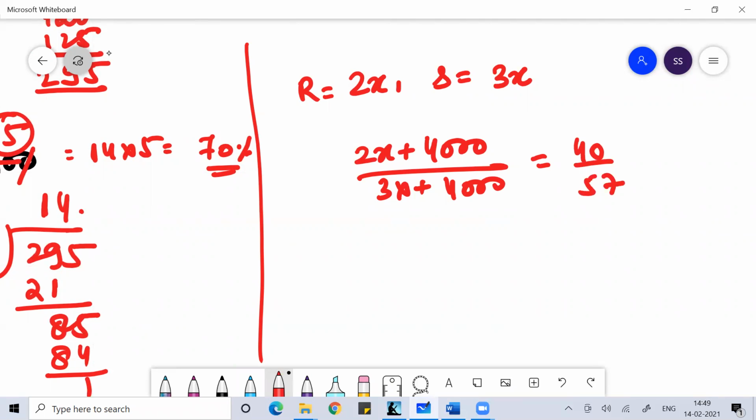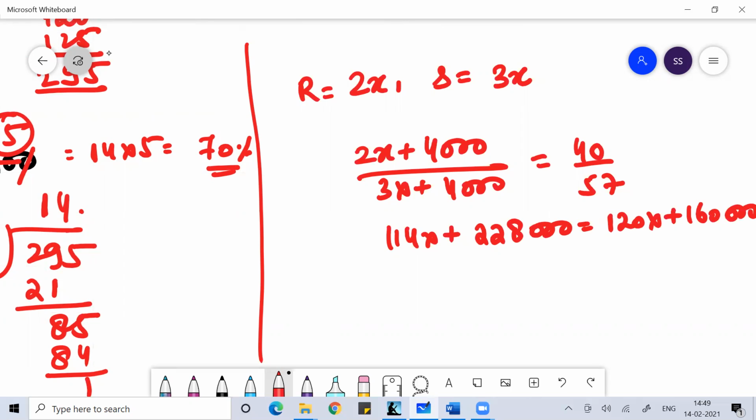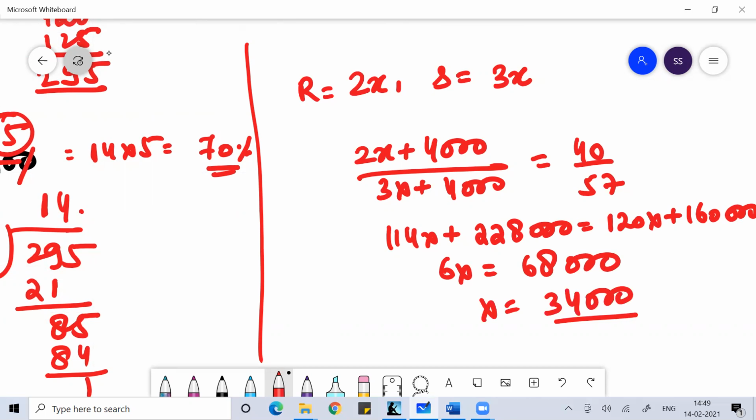Cross multiply: 114x plus 228,000 is equal to 120x plus 160,000. Okay, so 6x is equal to 68,000. So x is equal to 34,000 divided by 3.